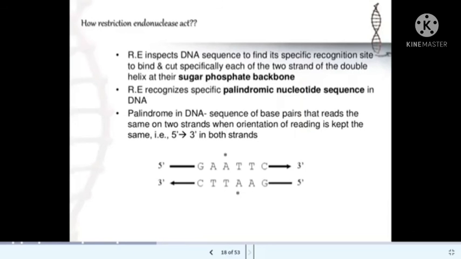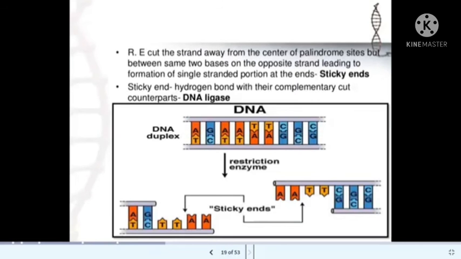A palindrome in DNA means a sequence of base pairs that reads the same on the two strands when the orientation of reading is kept from 5 to 3 or 3 to 5. See the example given here. At the 5 end, it is guanine, adenine, adenine, thymine, thymine, cytosine. When you read it from the 5 end of the other strand, again the same thing: guanine, adenine, adenine, thymine, thymine, cytosine. So this is the palindromic sequence.